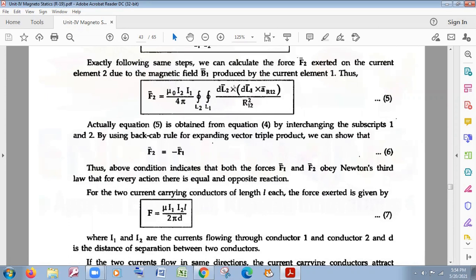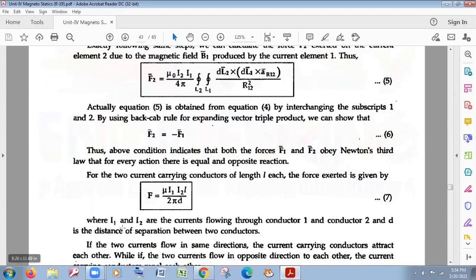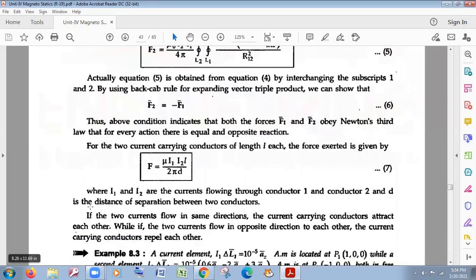The 2 cancels, where I1 and I2 are the currents flowing through conductors 1 and 2, and D is the distance separating the two conductors. Distance is the same from 1 to 2 or 2 to 1.